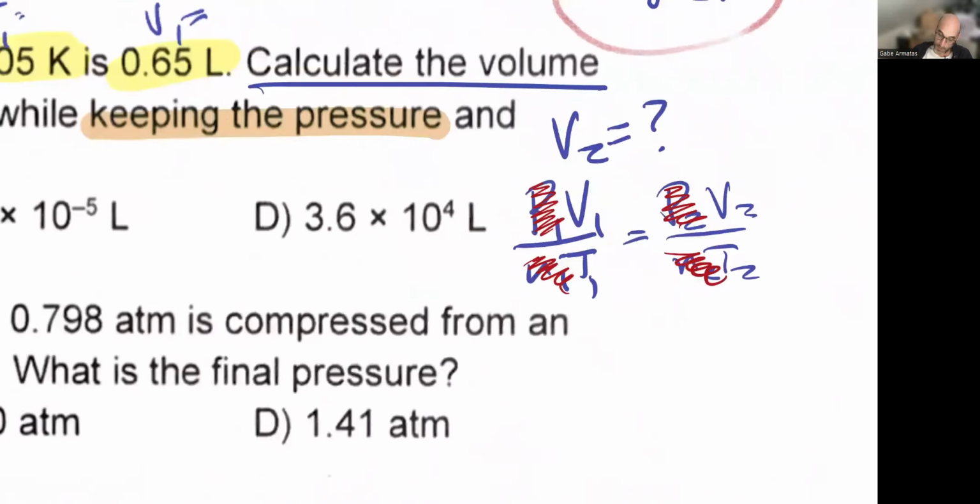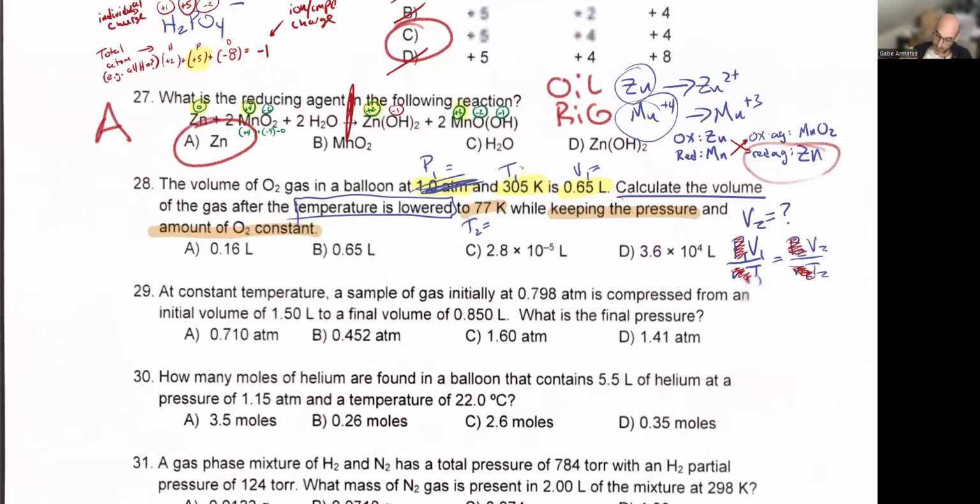Your temperature has to be in Kelvin. Luckily, our temperature is in Kelvin. And we are looking for a volume. They're all in liters. 28 is A. You don't need to see me do the math. So that's what you should get for a volume.